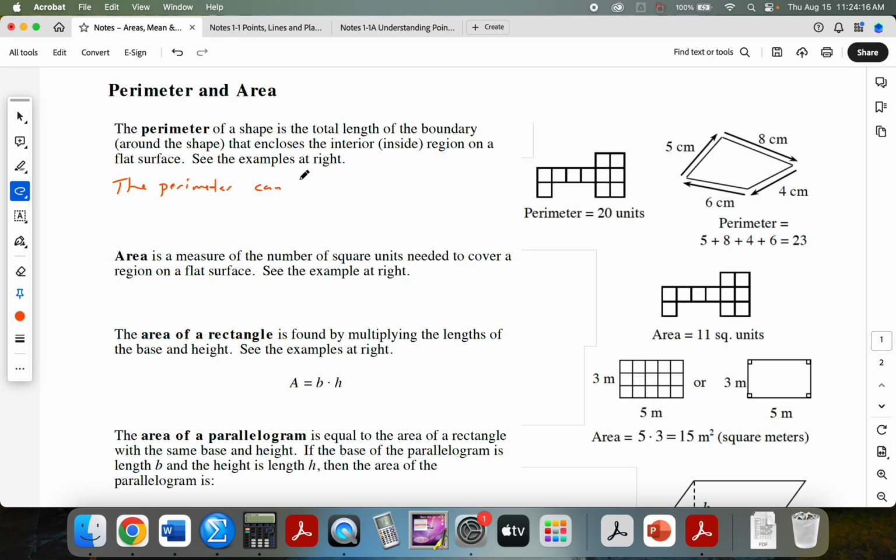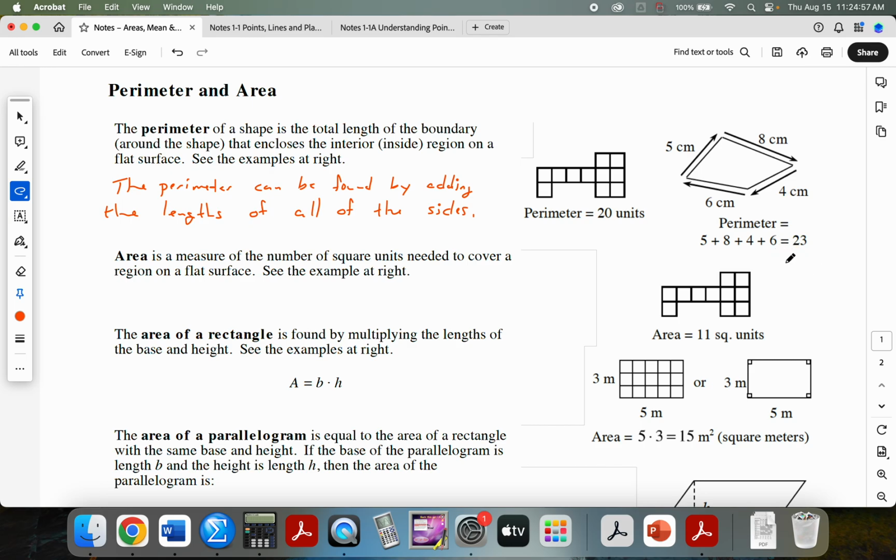Okay? So here, this perimeter is 20 units.